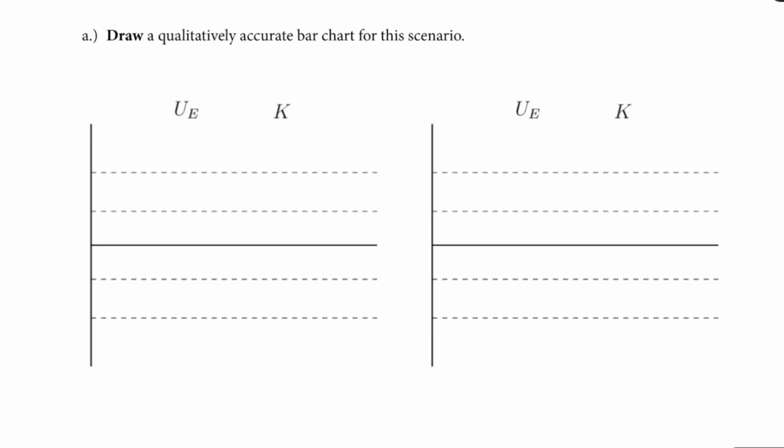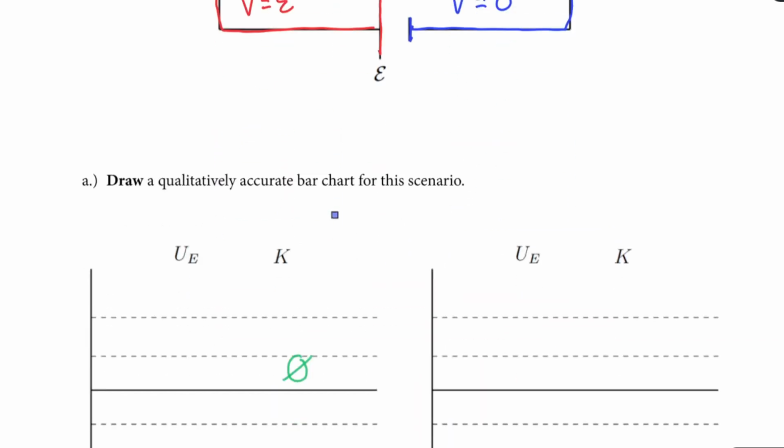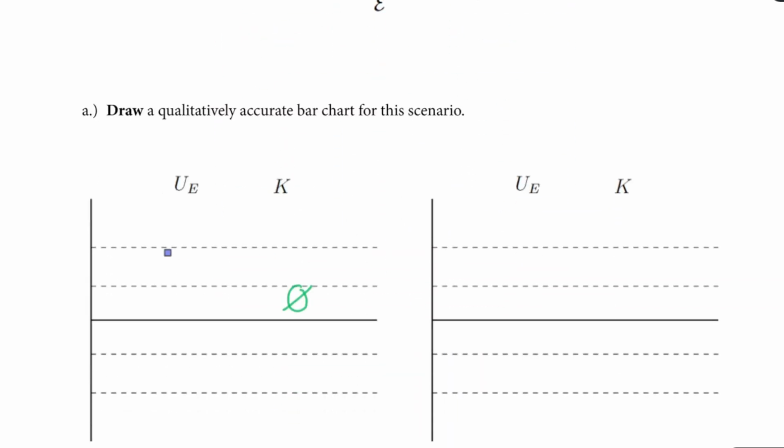So first, when the particle is first launched, we know that it has 0 kinetic energy. But we also know that since it's attached to a positive potential, it's going to have a positive amount of potential energy. And we actually do have an expression for this.